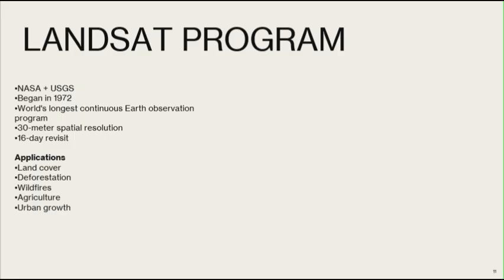The satellite revisits the same location every 16 days, making it well suited for monitoring long-term environmental change. Last week, you used Landsat imagery to create true color and false color composites. Now you know more about the satellite platform and sensor responsible for collecting those images that you worked with.